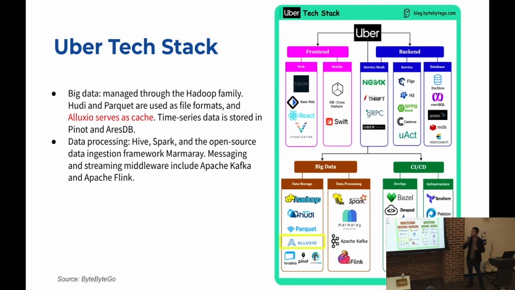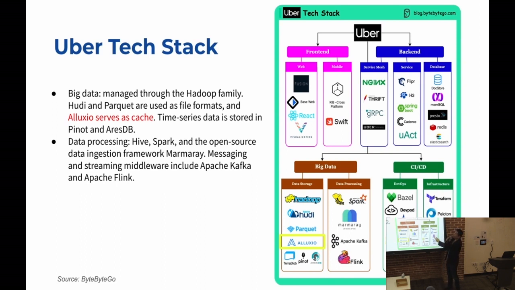So I will also use Uber's tech stack as an example, because the Alluxio team is working closely with Uber's data infra and the machine learning team. I think it's very typical, but probably Uber will be more complicated than any other company because they prefer to use an open source tech stack rather than to buy a bundle from Snowflake, from Databricks.